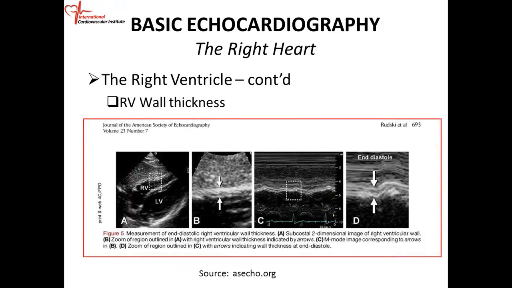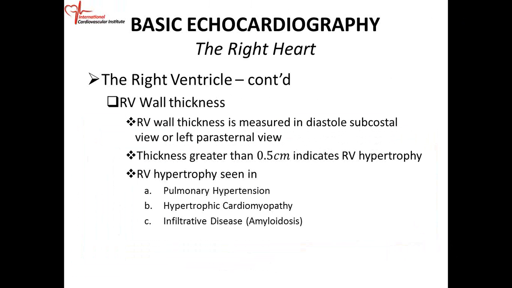So again, when you're doing M mode, it should always be two-dimensional directed, so you get an accurate measurement. All right, so the RV wall thickness is measured in end diastole, subcostal view or with the left parasternal view. It is regarded as being thickened if it's greater than 0.5 centimeters or 5 millimeters.